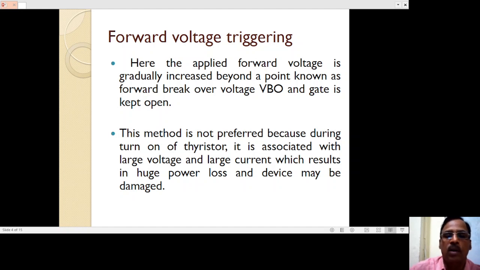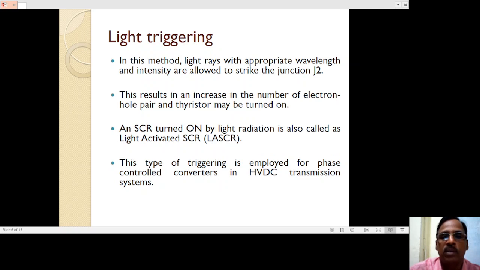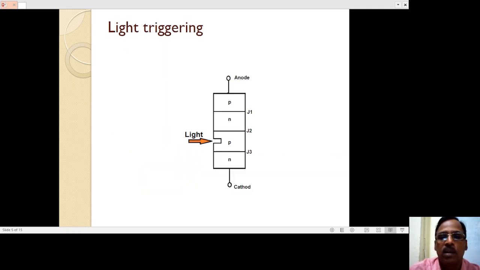Next method of turn on is light triggering. According to the name light triggering, we have to put some light so that your SCR is turned on. When SCR is in forward bias condition, we have to put light on junction J2.